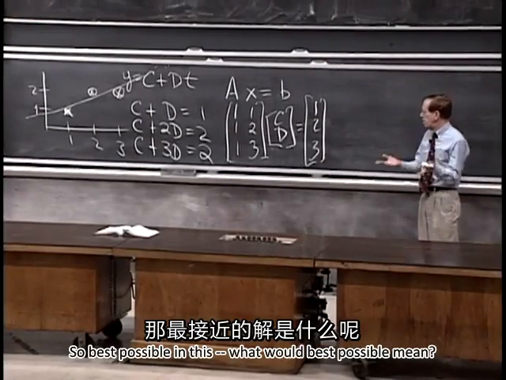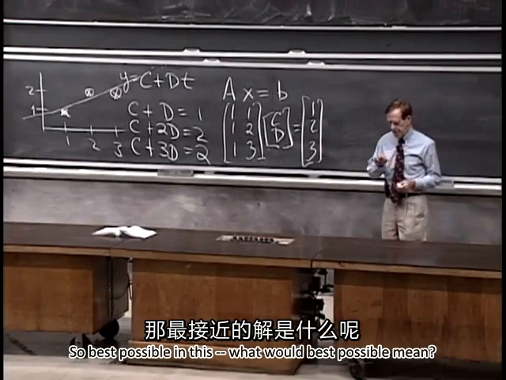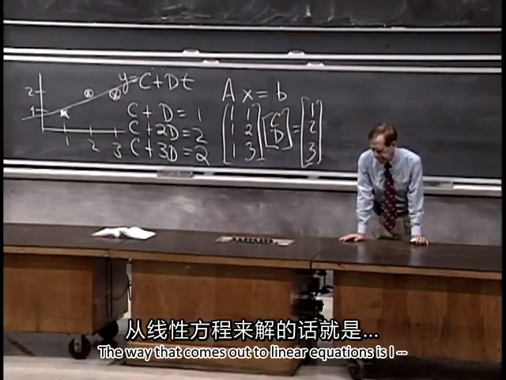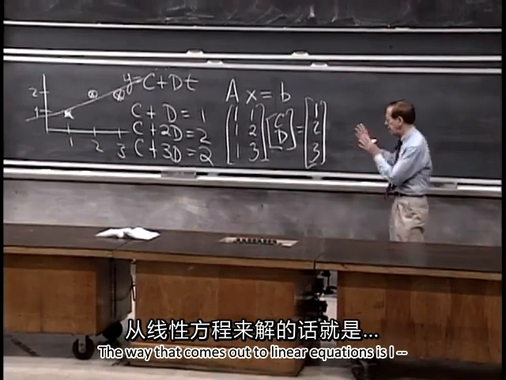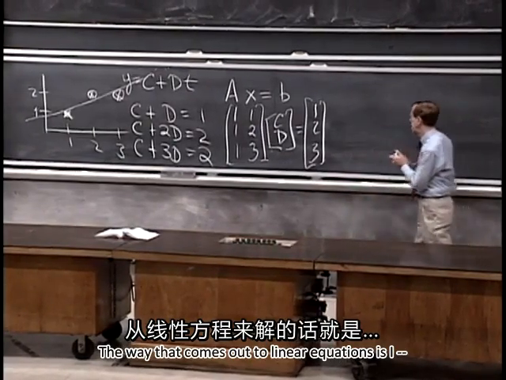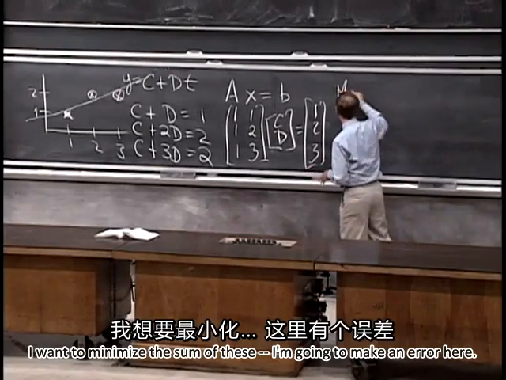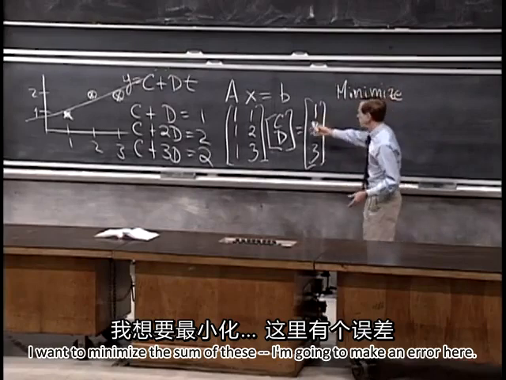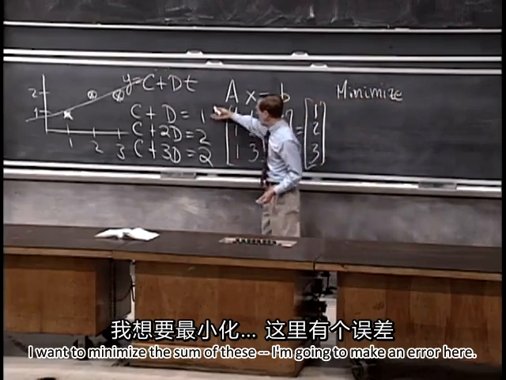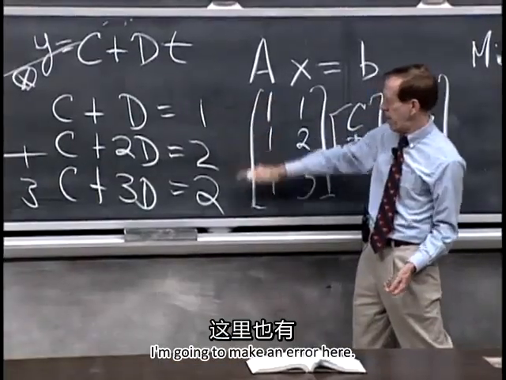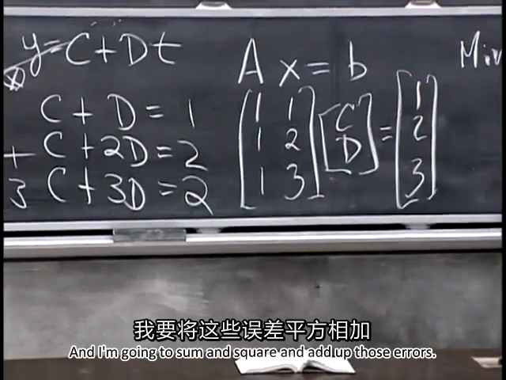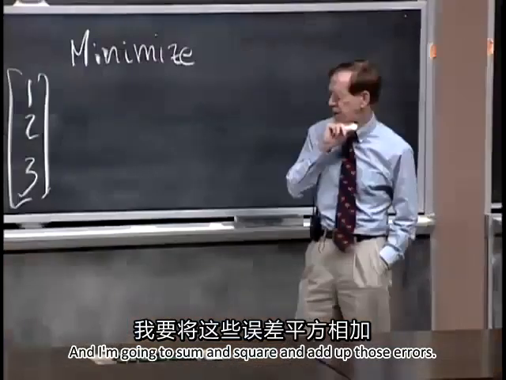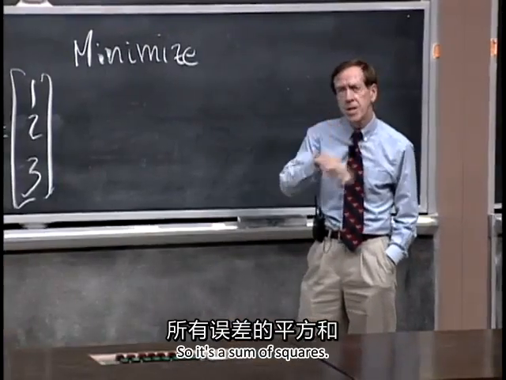So what would best possible mean? The way that comes out to linear equations is I want to minimize the sum of these. I'm going to make an error here, an error here, and an error there. And I'm going to square and add up those errors. So it's a sum of squares.